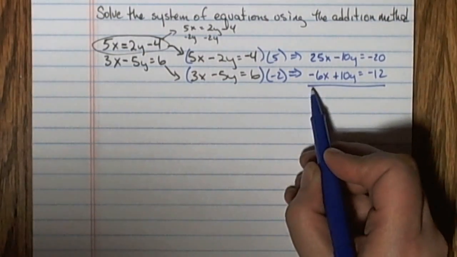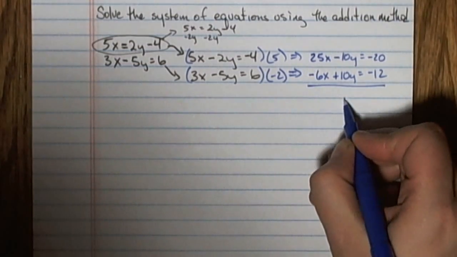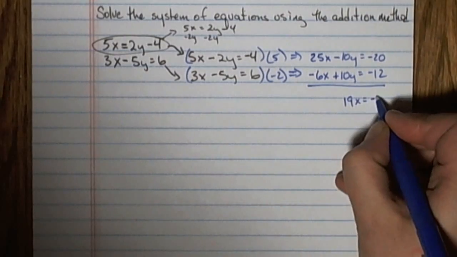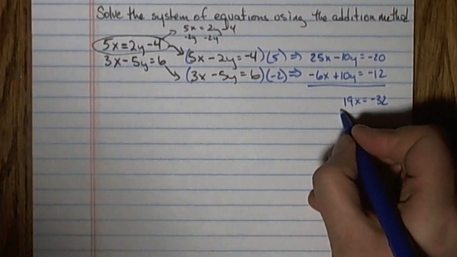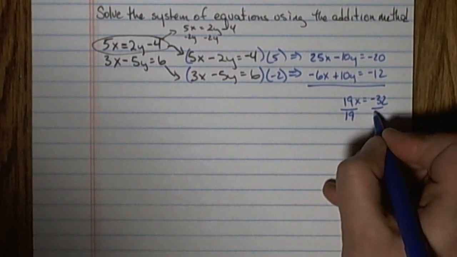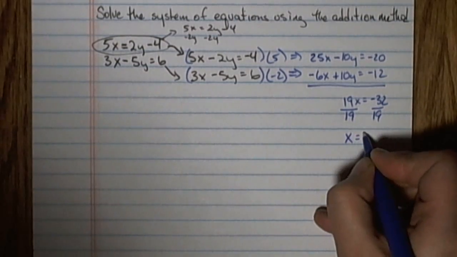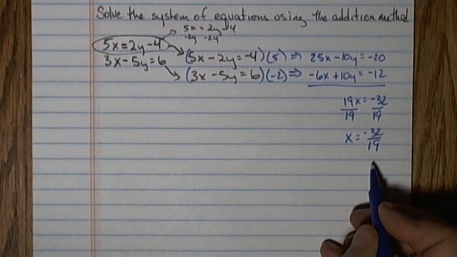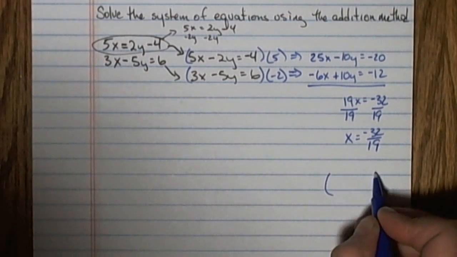Then I have 25x minus 6x is a positive 19x. Negative 20 plus negative 12 is negative 32. And to solve for x, I divide by 19. So I get that fraction, negative 32/19.